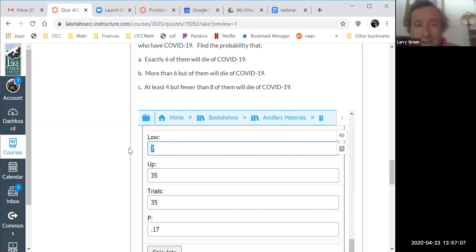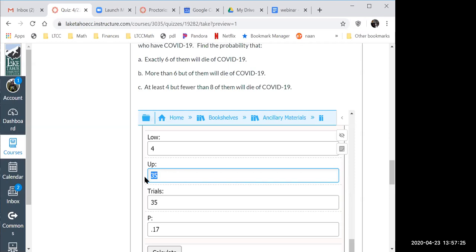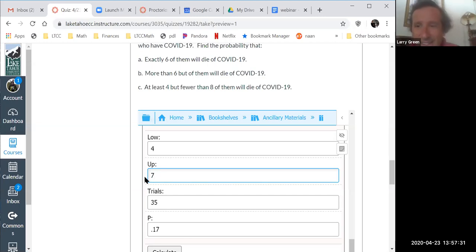Exactly. So what's the new low? 4. At least 4. 4 is at least 4. That's something to remember. Okay. Fewer than 8. What's the upper? Is 8 fewer than 8? No, 7. Does that make sense?